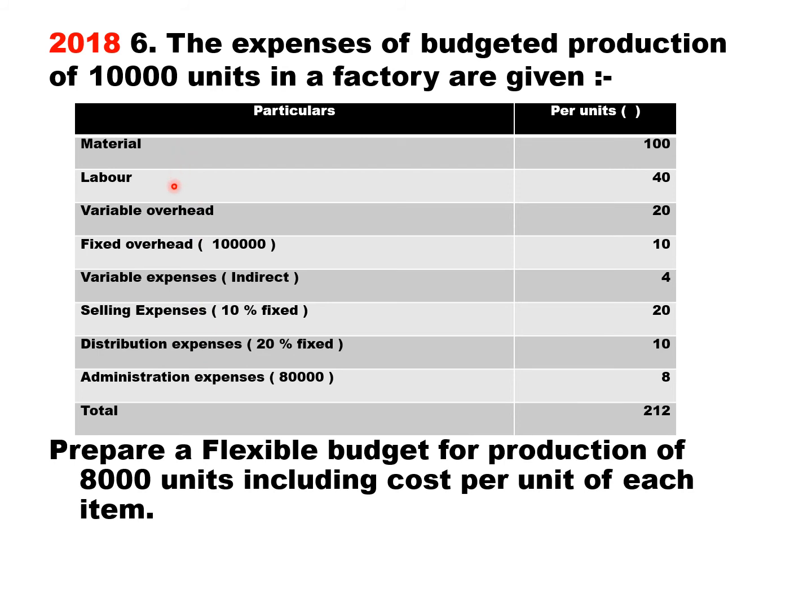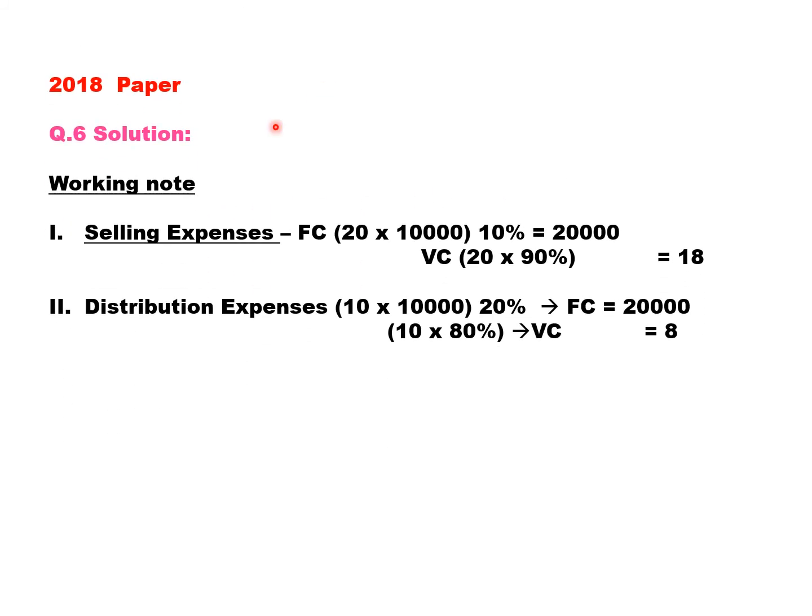Material variable, labor variable, variable overhead variable, fixed overhead fixed, variable expenses variable, selling expenses 10% fixed, 90% variable, distribution expenses 20% fixed and 80% variable, and administration expenses completely fixed. So you need to prepare a flexible budget for production of 8,000 units, including cost per unit of each item. So you need to make only 2 working notes, students.